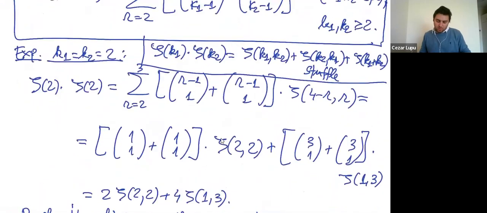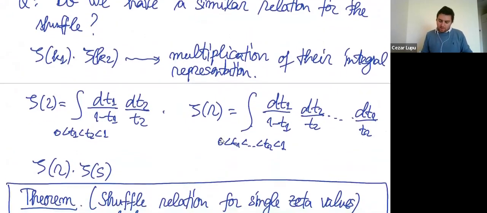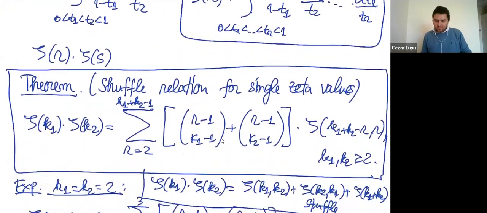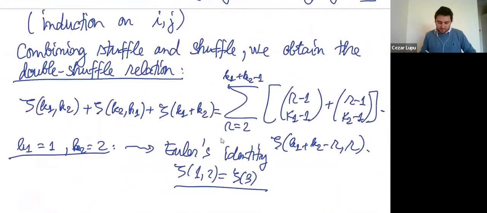Maybe I just give you a quick account on this one here. So zeta of r, how do we prove this? Well, like I said, the proof is quick.